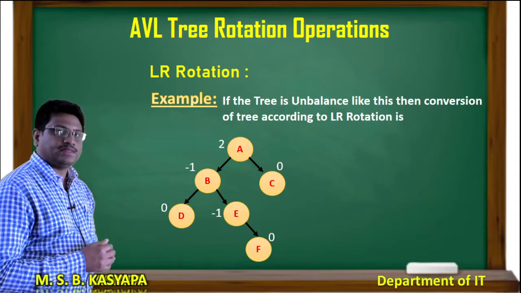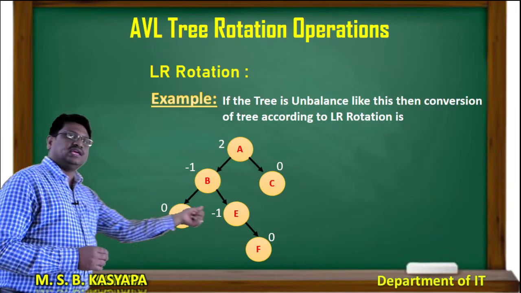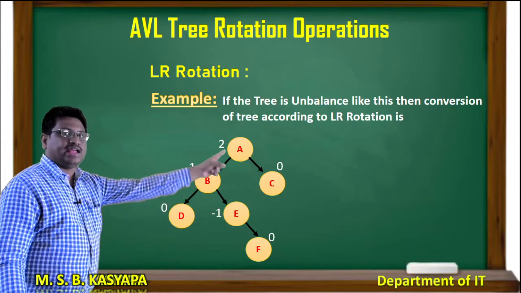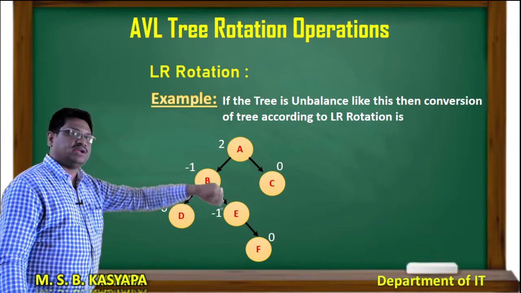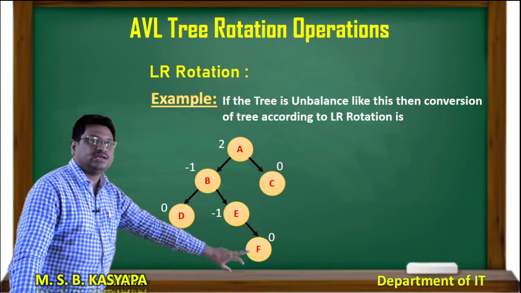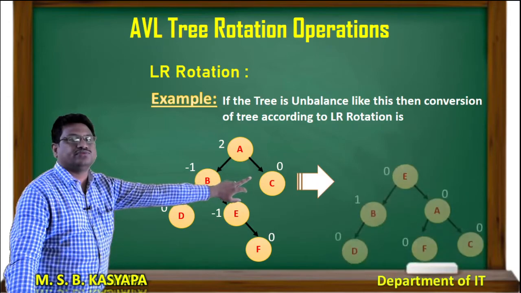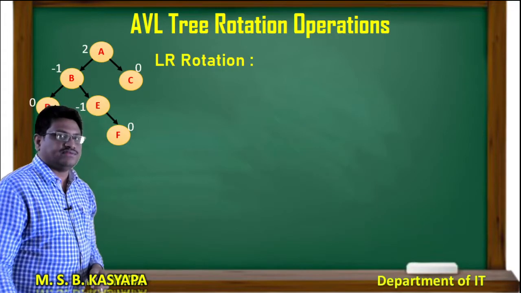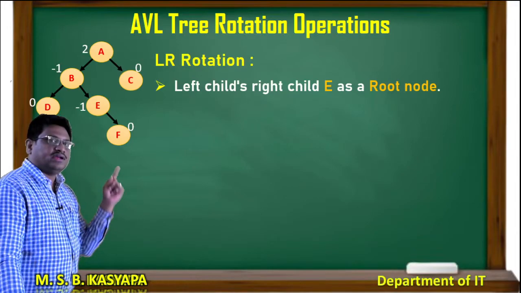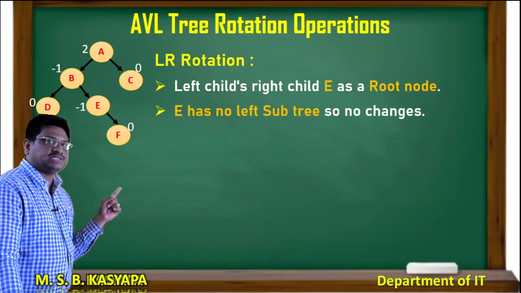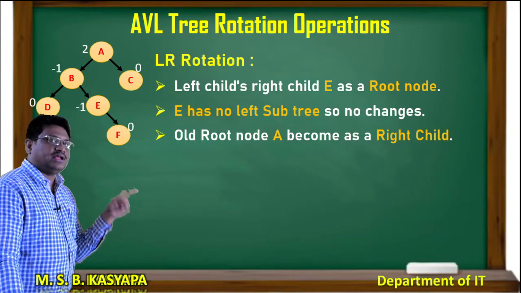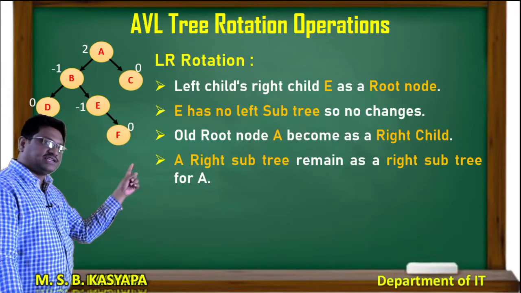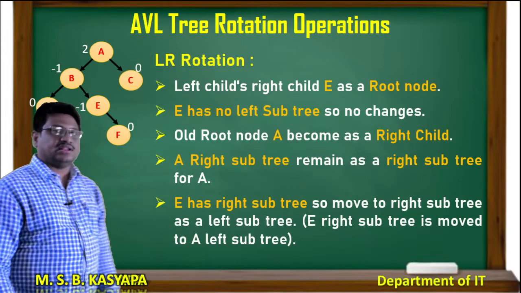Now, if you take here, you see the same thing, E will become the root node, and E does not have any left child, so there are no changes, and A becomes a right child, and A has one right subtree, it remains as a right subtree, and if E has any right subtrees, they move to the right subtree as a left child for A. Next, A becomes a right child for the new node, and if A has a right child, that means it remains as a right child, and E has some right child, so it moves to the right subtree as a left child.